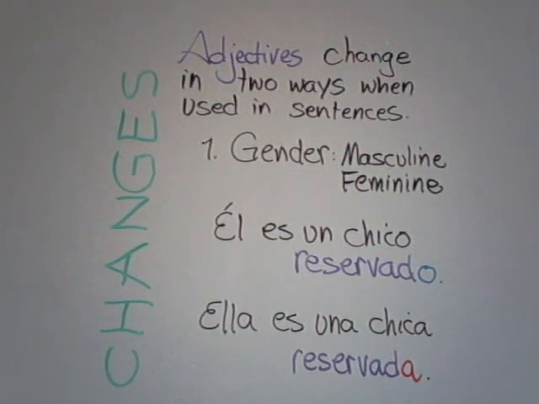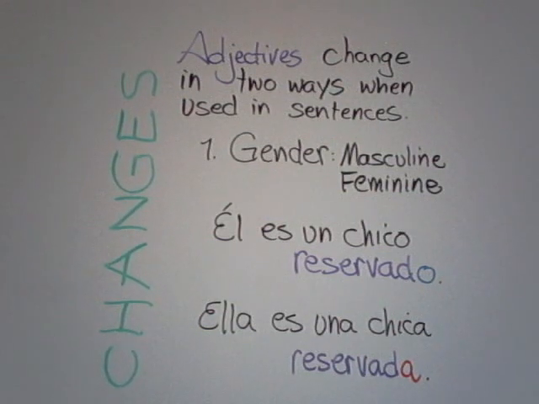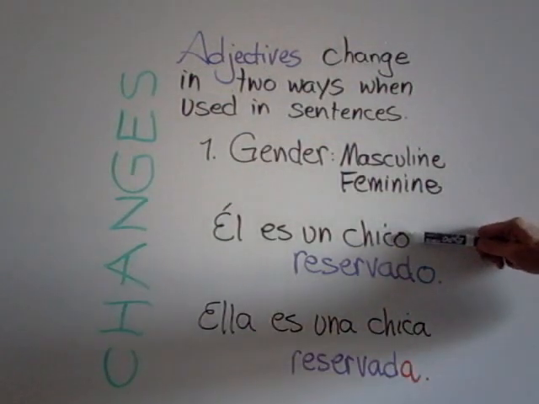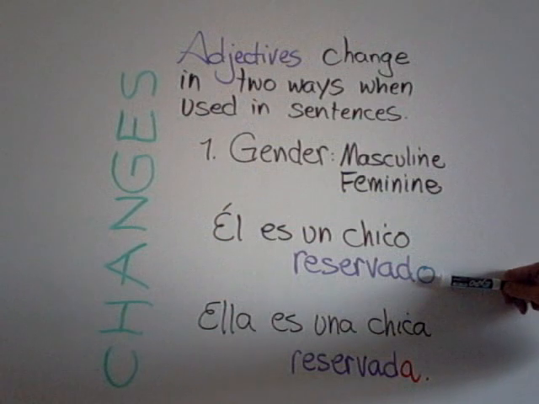Él es un chico reservado. He is a very reserved boy. That means he's quiet. Ella es una chica reservada. She is a very reserved girl or quiet girl. You will notice that when it's masculine, it'll end in an O in the masculine form.